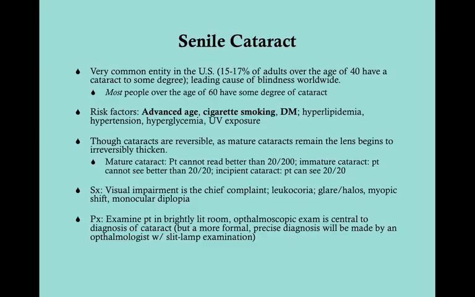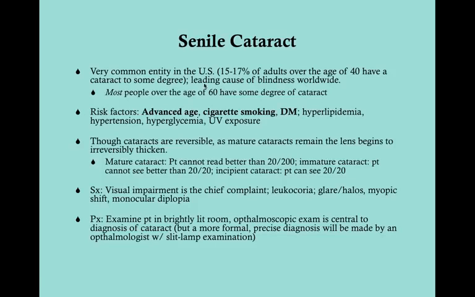So although cataracts are reversible because you can do surgery and you can remove the cataract material, as the mature cataract, the cataract that's fully developed, remains, the outer portion of the lens will begin to thicken, and that is not reversible. And so that's why this causes blindness, even though if we get to those patients, some of those patients, after we remove the cataract material, they'll still have visual deficits.